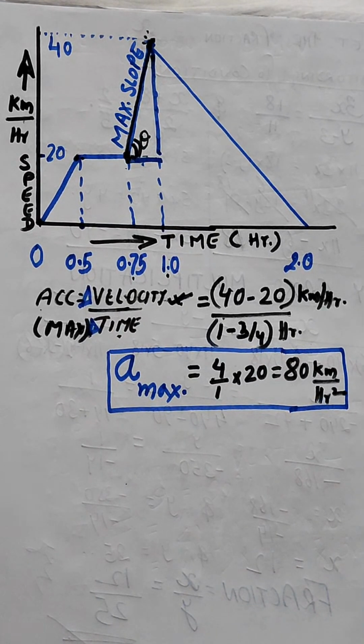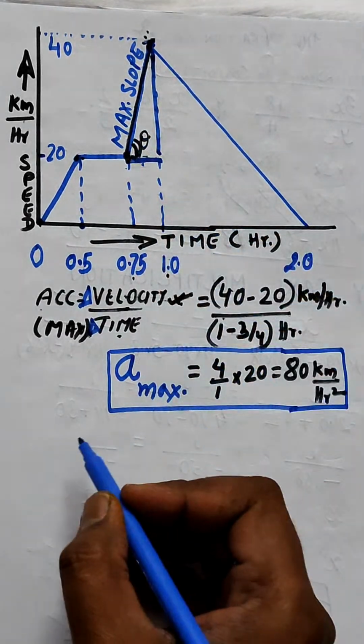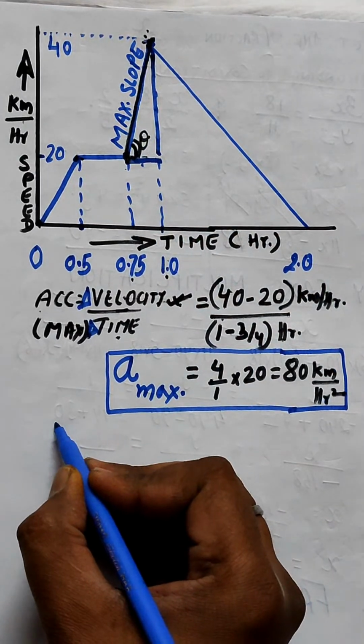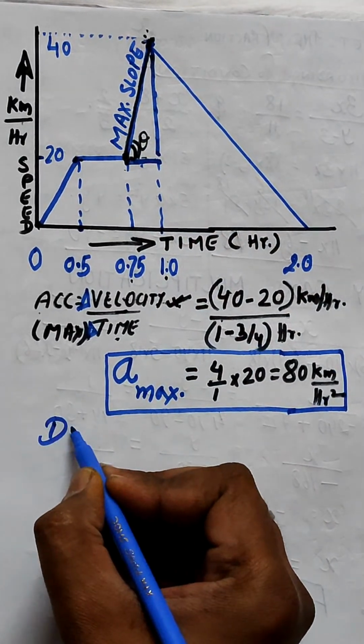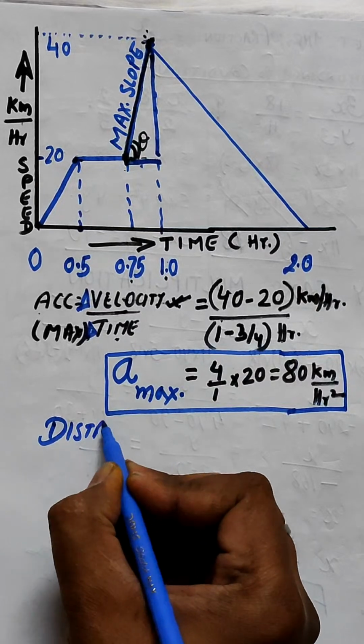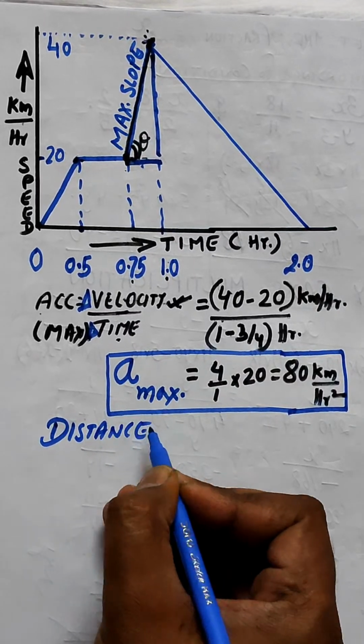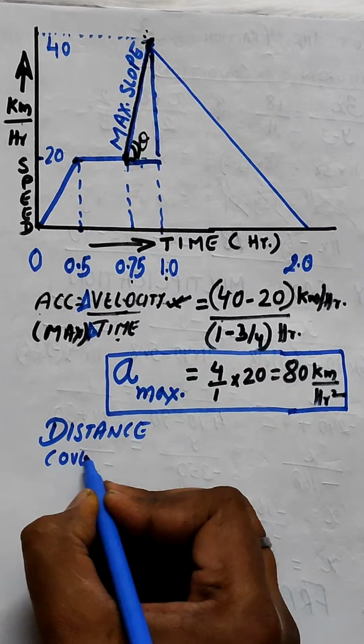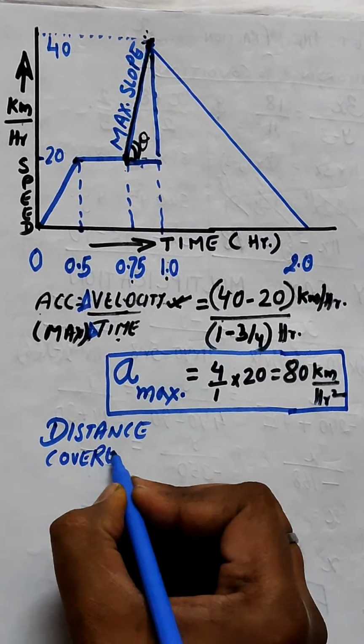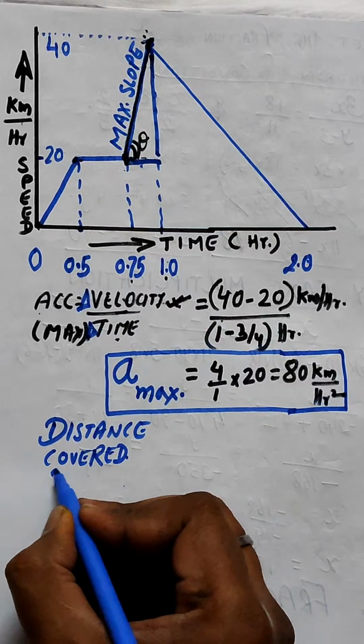The second part, the distance covered during this interval. The distance covered during the time interval from 0.75 hour to 1 hour, that is the distance covered during this time.